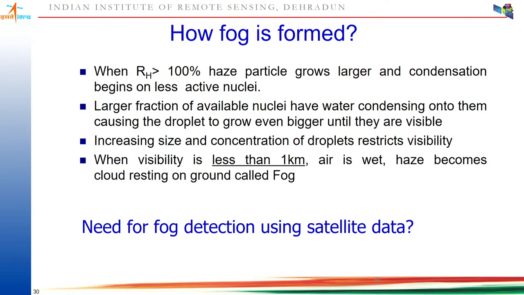This causes many problems in road transportation, air and shipping traffic, and hence there are a number of observations with which fog formation is forecasted and broadcasted, not only from ground observation but also from satellite observations.